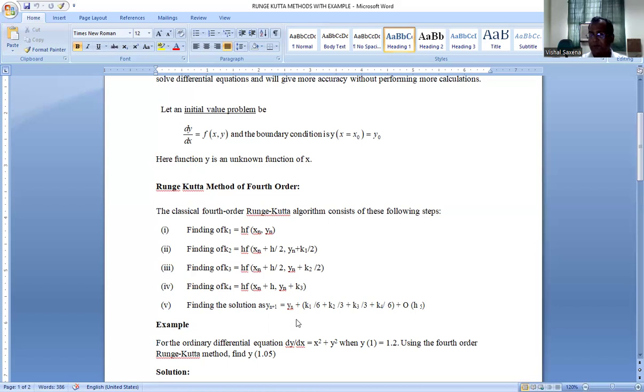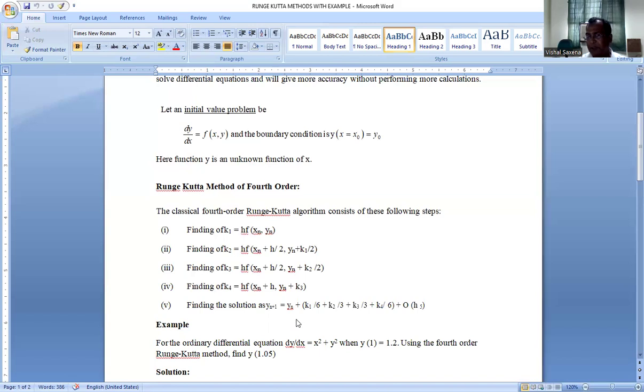Next, we find the value of K2. K2 is given by h into f(xn plus h by 2, yn plus K1 by 2). Here xn is increased by h by 2 and yn is increased by K1 by 2, where K1 was already calculated in the last step.